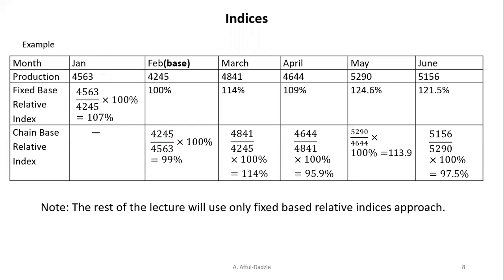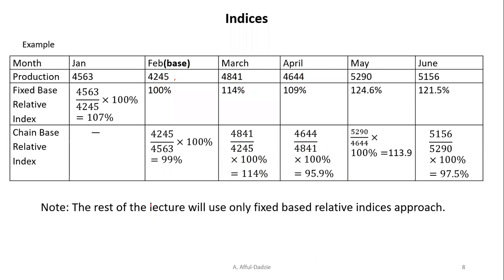So you see 4245 divided by 4563, and we have our index as of February. When I move to March, if March is now the new period, then the base period becomes the value of February. So now I will divide this by this, times 100, and I have the index. If I go to April, then April is now my new period. March now becomes my base period. I hope you understand.